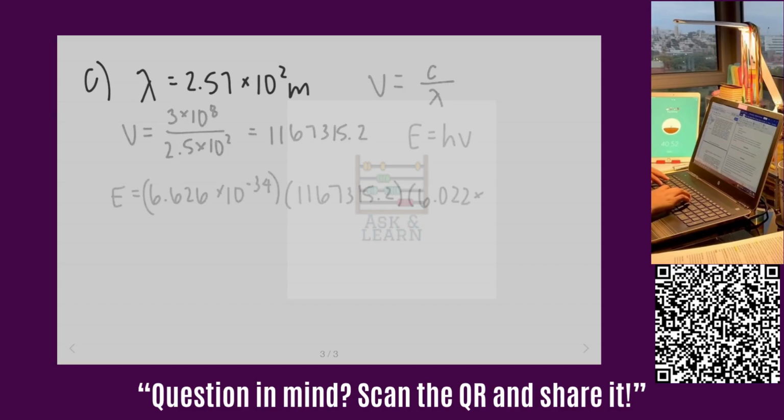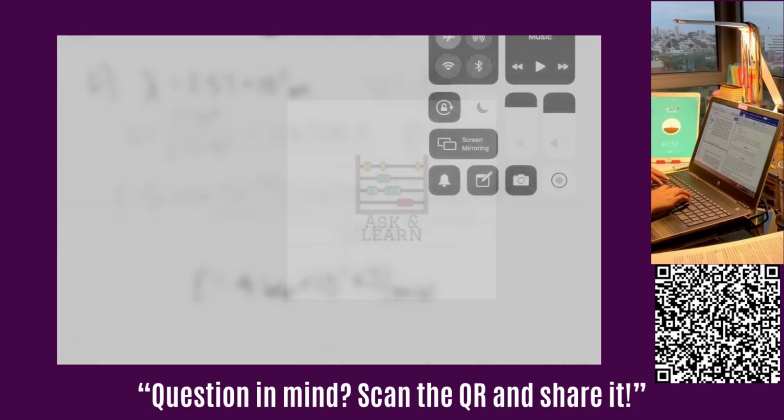That's off, sorry. Times 10 to the 23rd, and then divide all that by 1,000. So we get our final answer of the energy is 4.66 times 10 to the 7th kilojoule per mole.